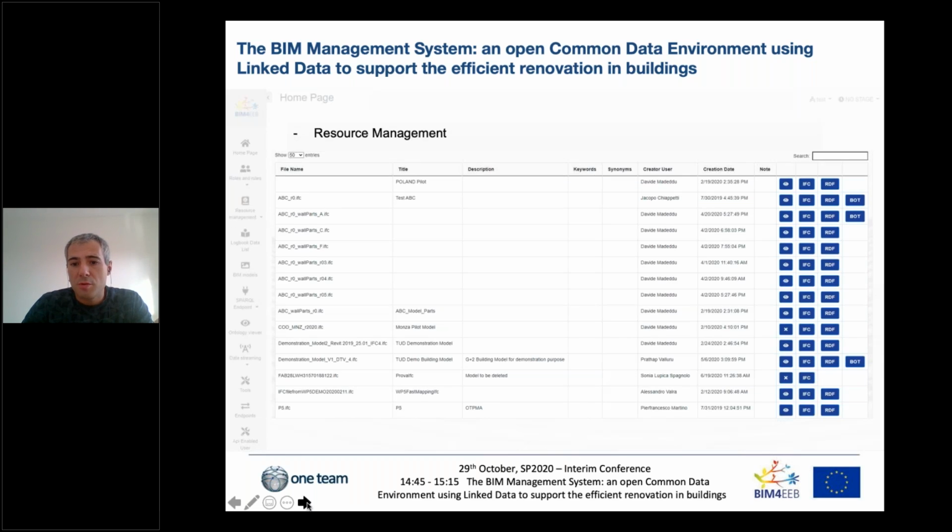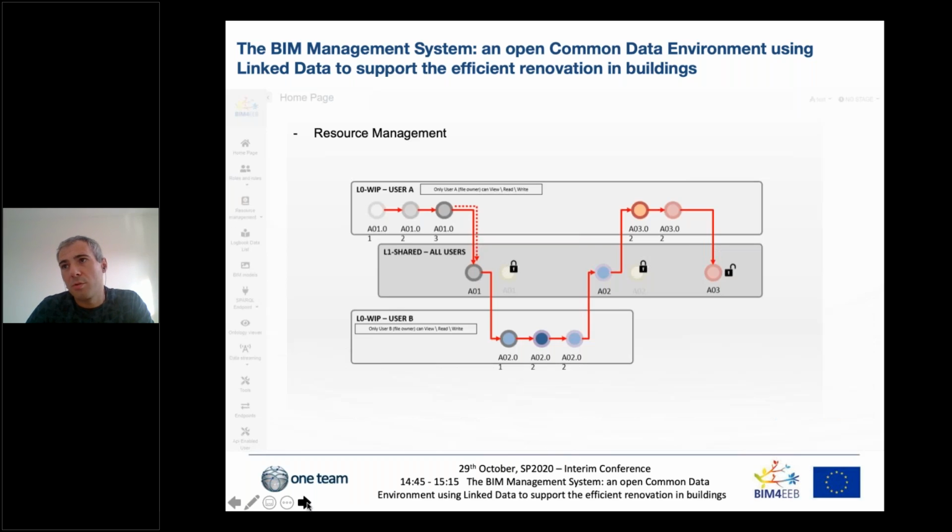And about the resource management, you will see it later more in depth, there is the list of resources inside the BIM management system. All things like documents, models, and so on can be seen as a resource because they can be linked together with other resources.